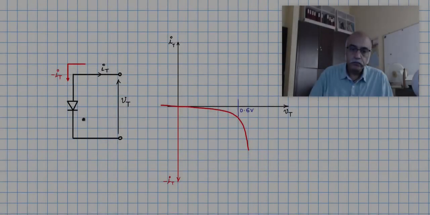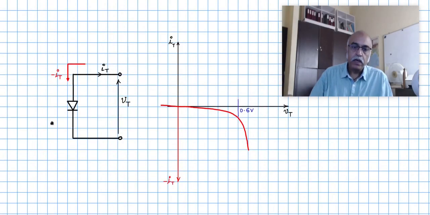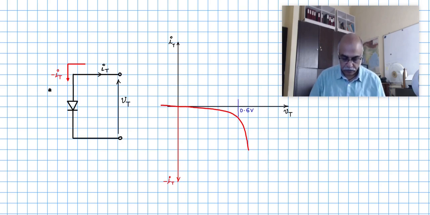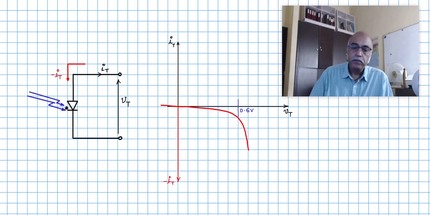However, now there is a new addition, and that is light, photons. So light impingence falls on the PN junction cells, the diode, and that is going to excite the electrons which are there in the valence band into the conduction band.